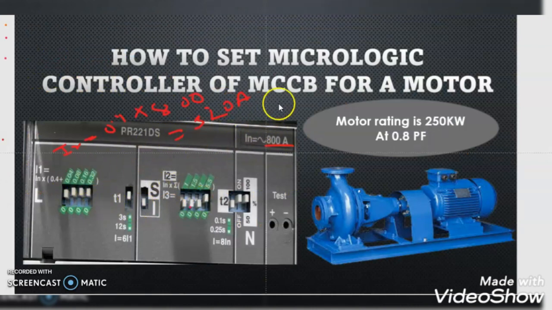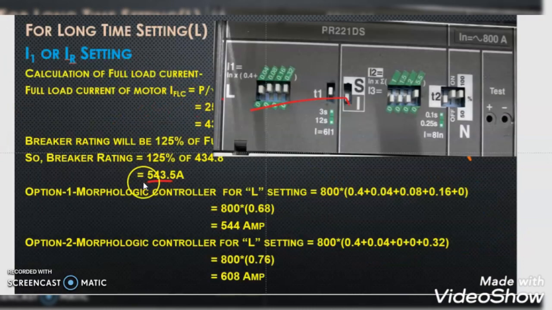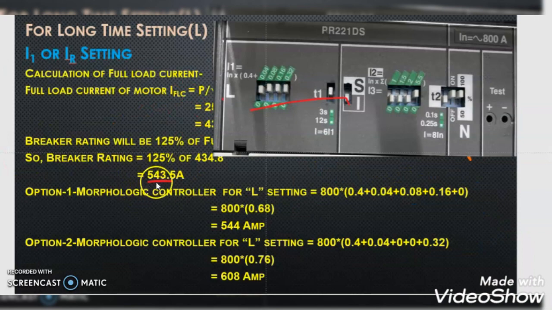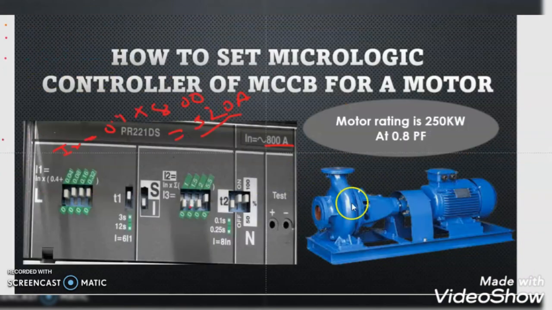This breaker will trip every time you start the motor, because for this breaker the overload condition is after 320 ampere only, but your motor will take a current of 543, and while taking this current the circuit breaker will trip. Now let us take another example. Suppose all the dip switches are on, then the IR current will be equal to the IN current, that is 800 ampere, but your motor has a full load current of 543 ampere.